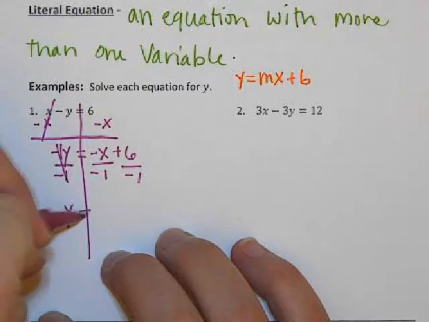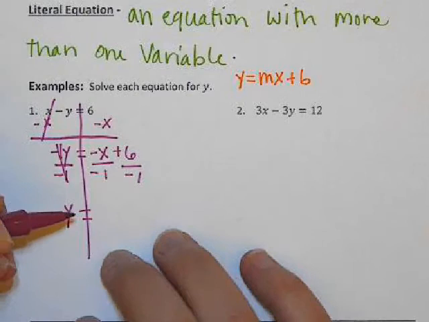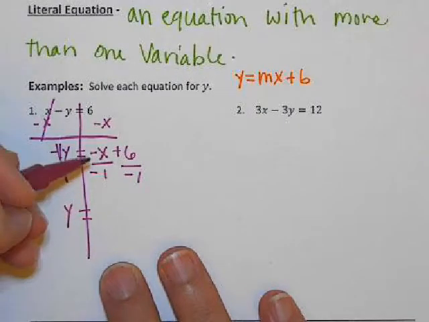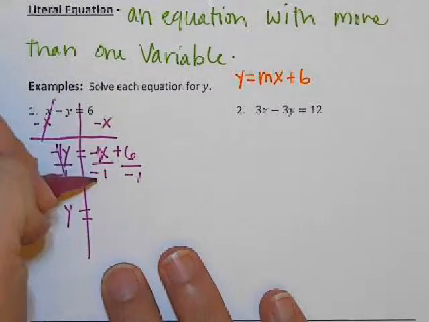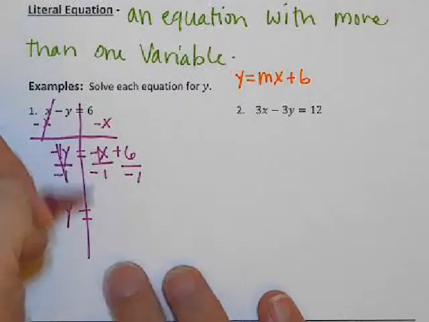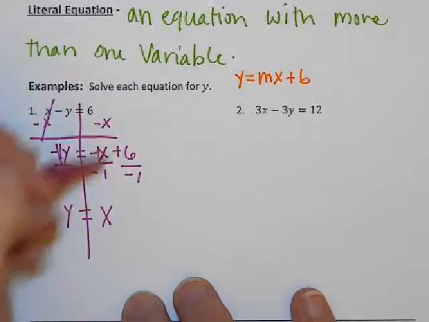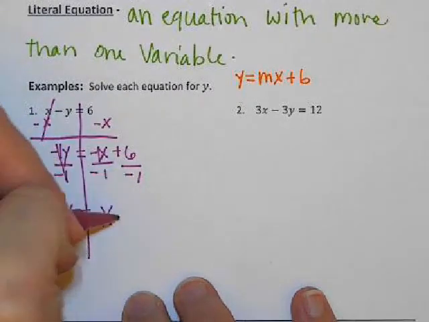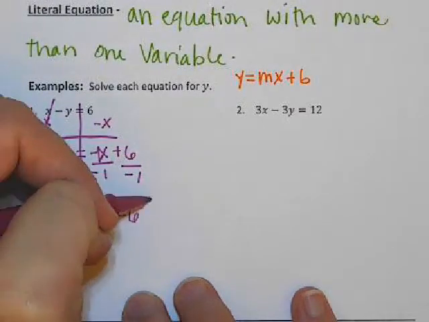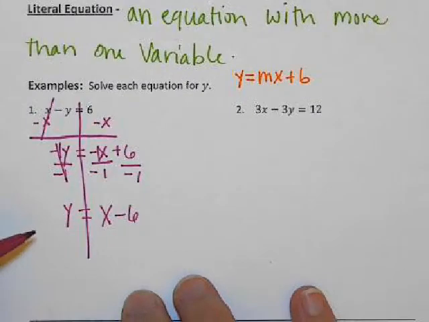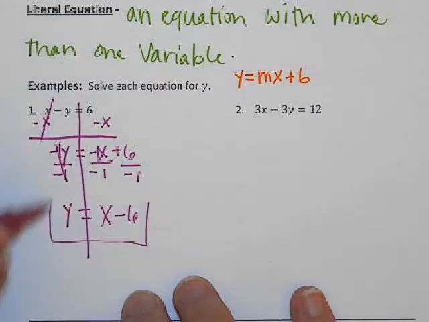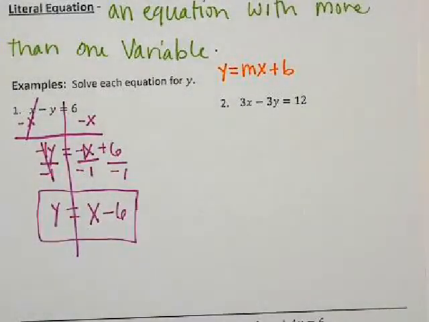So it's y equals, because now it's just 1y, and I don't have to write the 1. Negative 1x divided by negative 1 gives me just x, because it would really be 1x. And then 6 divided by negative 1 is negative 6. Now is y by itself? Yes. And there's my answer.